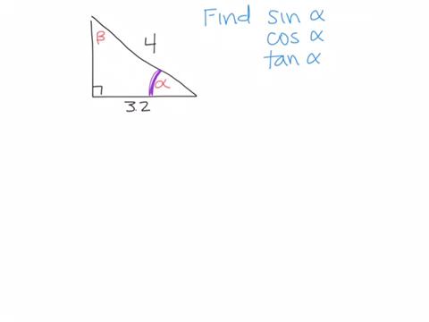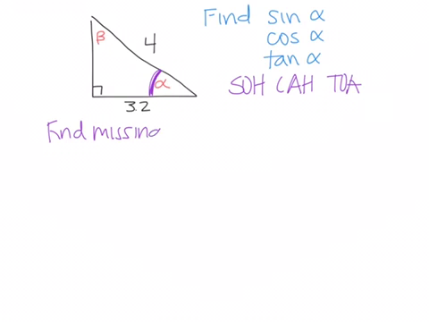So everything from here. Well, sine, okay, so sine, let's write our mnemonic down. So we have SOHCAHTOA. And sine is opposite over hypotenuse. Well, I don't have my opposite. So the first thing I need to do is figure out what's that missing length. So let's do that. Find the missing length. And how do we do that?